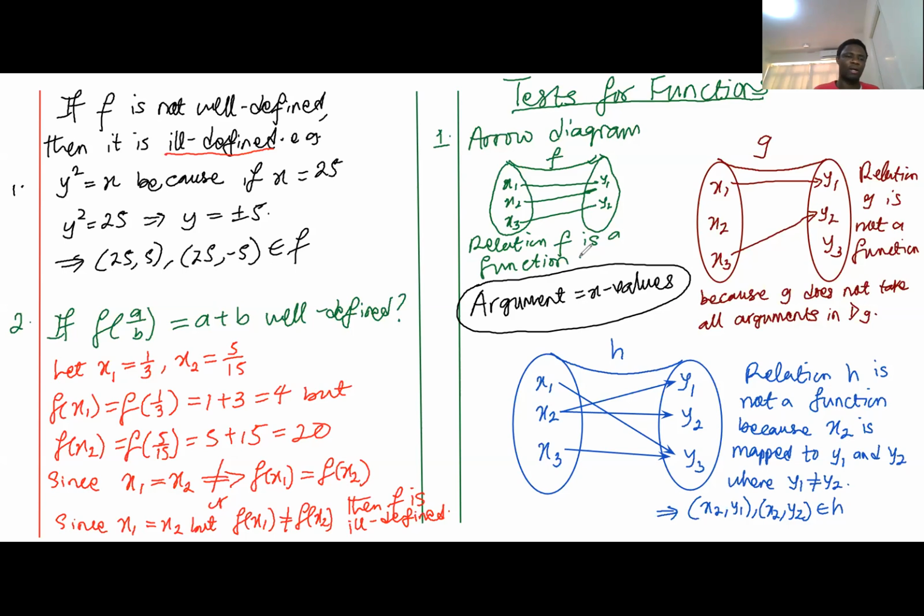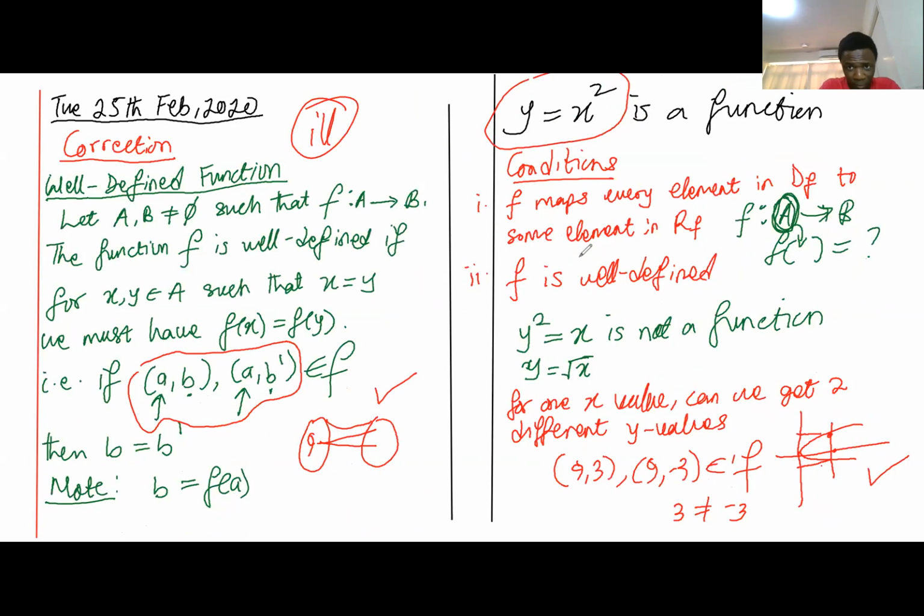So the arrow diagram can help you decide if it is a function or not. Okay. What else can help us to decide? The algebraic method. The algebraic method is to consider these conditions. If f is mapped, so you check by trial and error or otherwise. You check, oh, can everything be mapped? Yes.